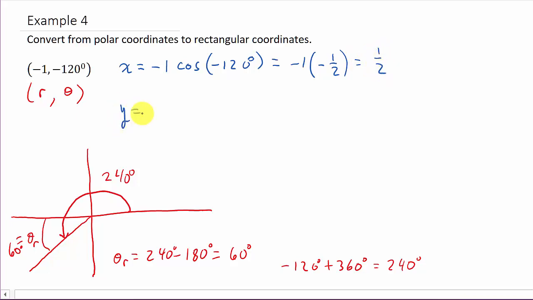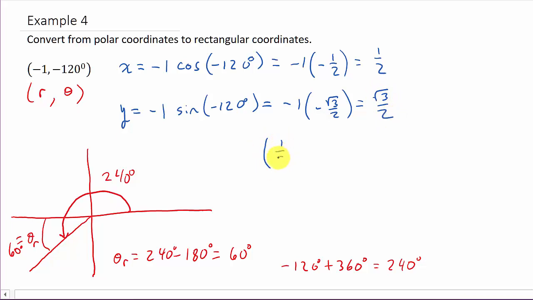And then for y, we've got r, which is -1, times sine of -120. The sine of 60 is square root of 3 over 2. I'm in the third quadrant, so that's negative, and so this is going to be positive square root of 3 over 2. There's my x coordinate 1/2, and my y coordinate square root of 3 over 2.